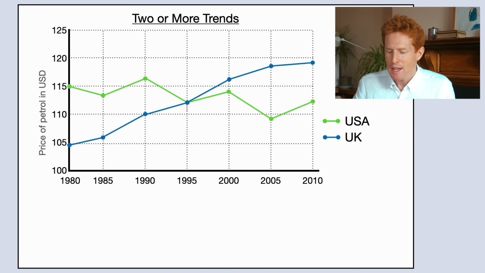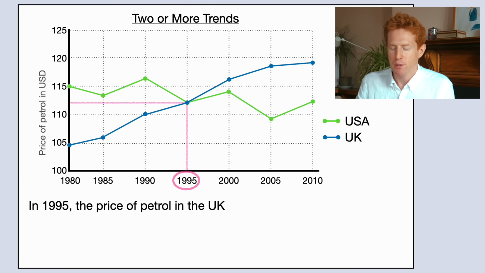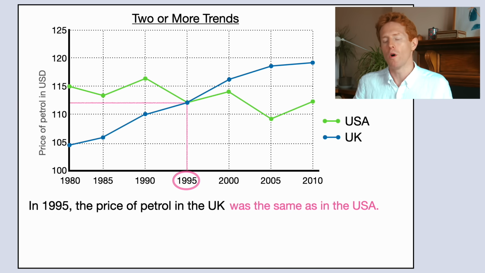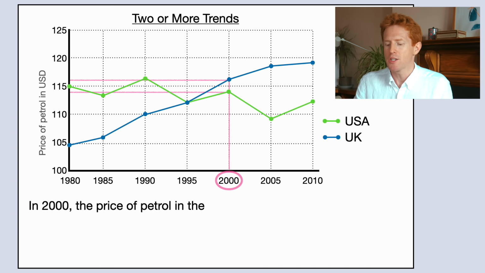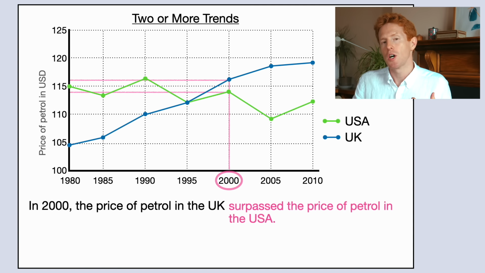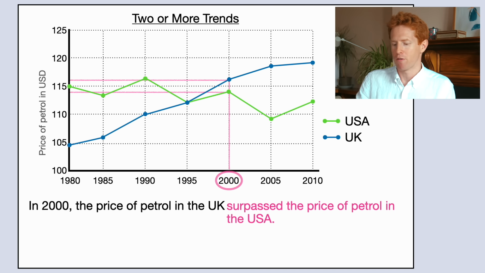Now, in 1995, something interesting happens. In 1995, the price of petrol in the UK was the same as in the USA. Great phrase, was the same as in the USA. Now, what about in 2000? In 2000, the price of petrol in the UK surpassed the price of petrol in the USA.